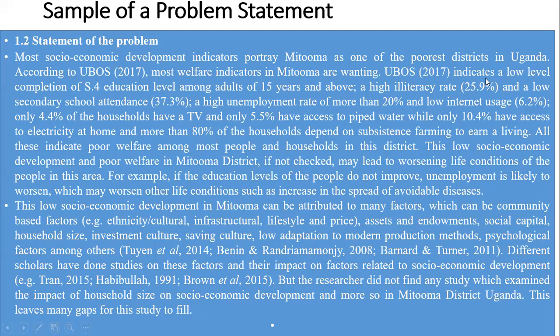In the next sentence, he continues to bring out those indicators: the low completion level of education at senior 4, the high illiteracy, high unemployment. These are signs or indicators of a problem. Low internet usage.